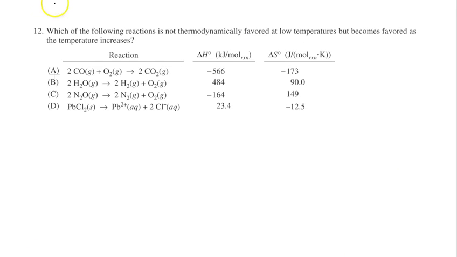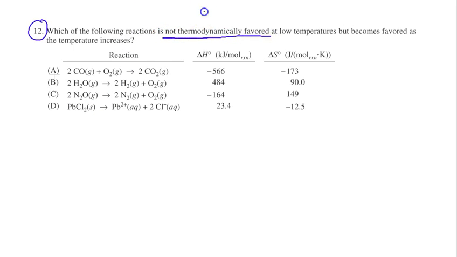And this is a classic. Okay, here we go again. Number 12, here is a classic AP multiple choice question where they want you to evaluate the signs of the Gibbs free energy equation. So in this question, they want to know, very important, which of the following reactions is not thermodynamically favored?